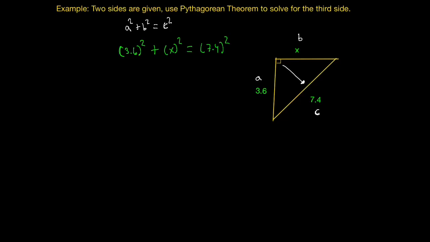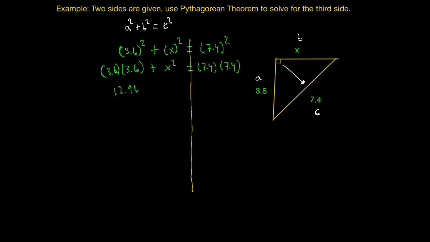So let's go ahead and split this equation, distinguishing the left from the right. And we have decimals here, so it's actually a good idea to use a calculator here. But let's continue in the meantime. So we're going to get 3.6 times 3.6 plus x to the second power, which is going to equal 7.4 times 7.4. 3.6 times 3.6 is going to be 12.96.